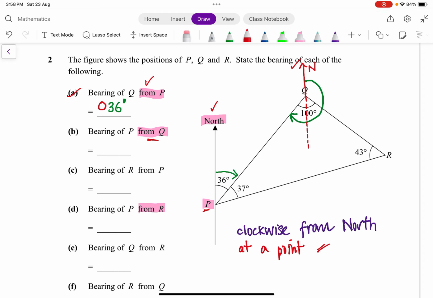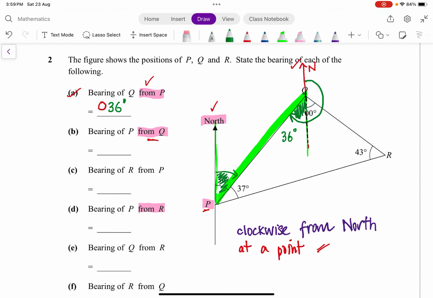I'm not sure if you are able to identify this angle property. Are you able to see that now? You do observe that this angle is actually the same as this 36 degrees. Therefore, this is simply equal to 36 degrees by alternate angles.